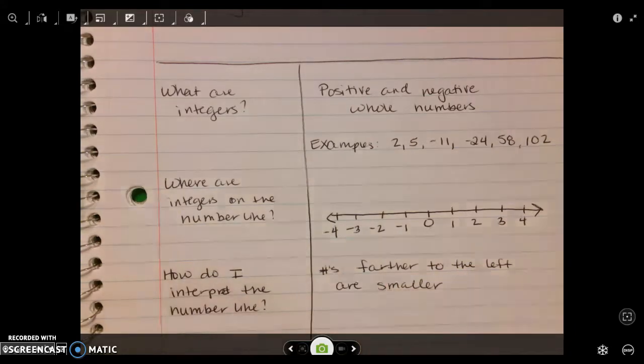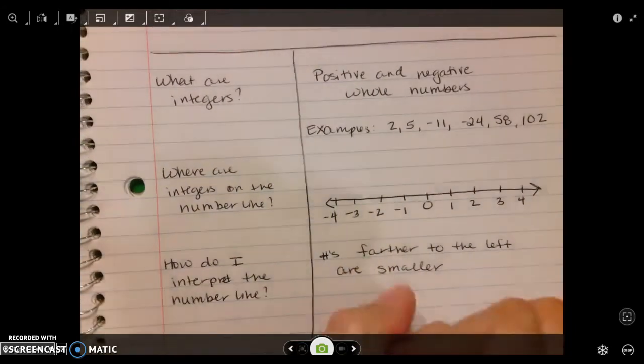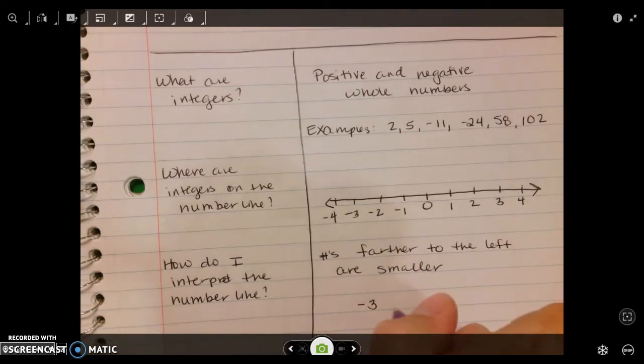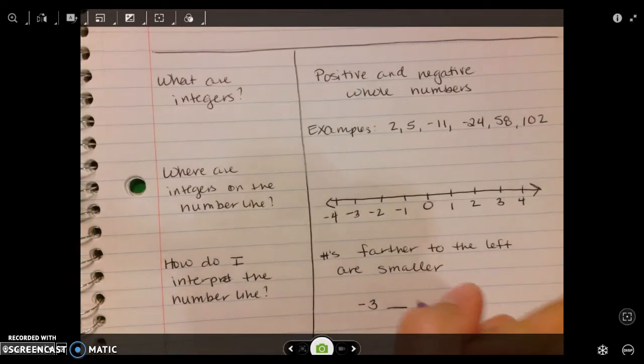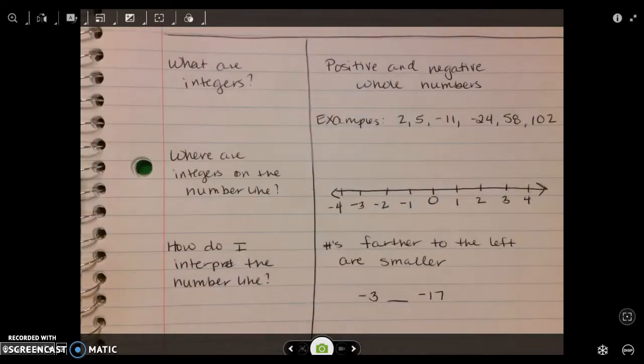Okay, so for example, what if I was comparing negative 3 and I want to compare it to negative 17? Well, I want to know which one's farther to the left, or you could think about which one the opposite way, which one's closer to 0.